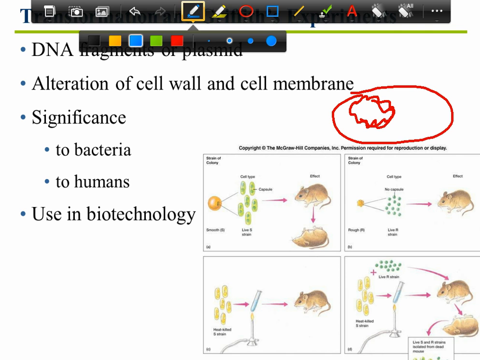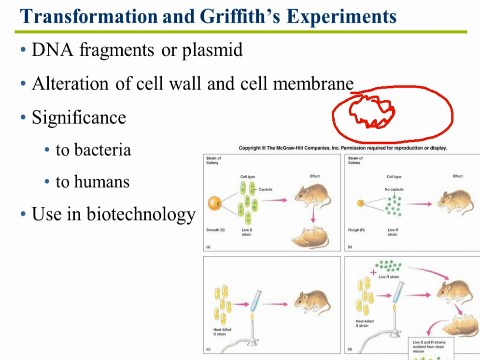What we're going to do is either take a piece of DNA, or I can take a whole plasmid and put it into this recipient cell. So here's a little plasmid right here. Or, again, it could be double-stranded DNA, just a little fragment of it.